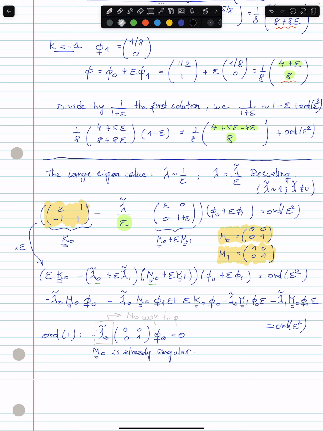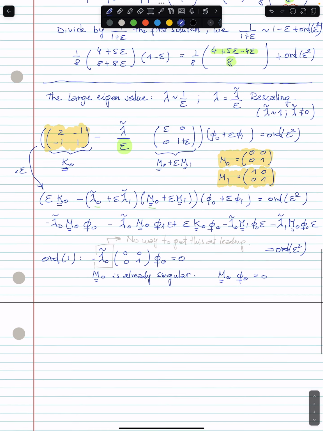What we need to say, however, is that phi 0 is such that m0 times phi 0 is indeed equal to 0, meaning that phi 0 can be chosen as, for instance, 1, 0, if I want to use my regular normalization condition.